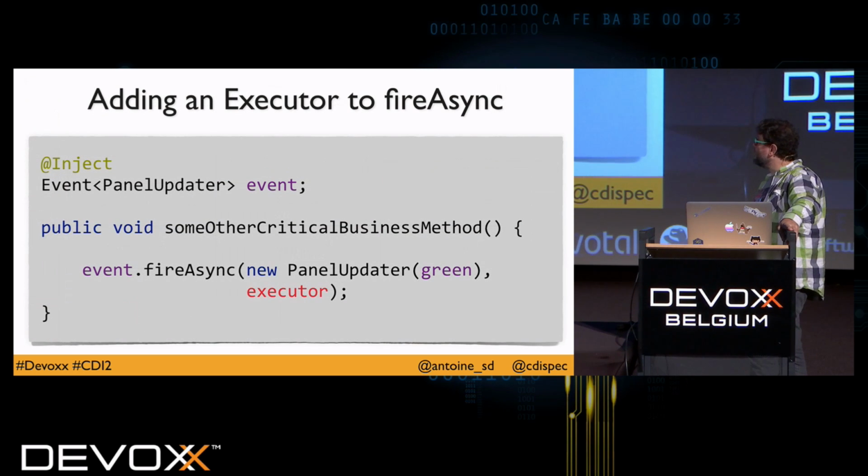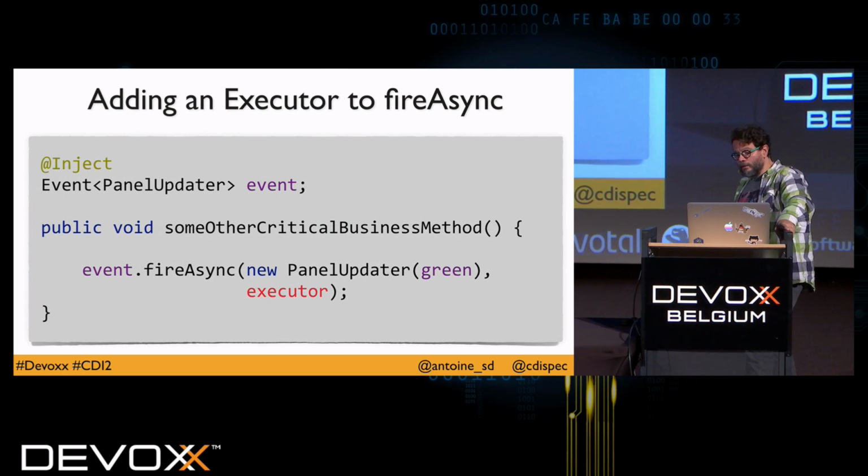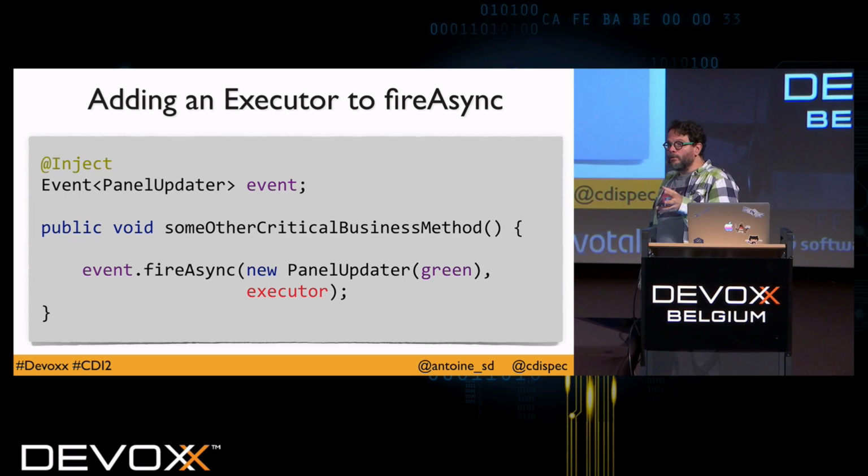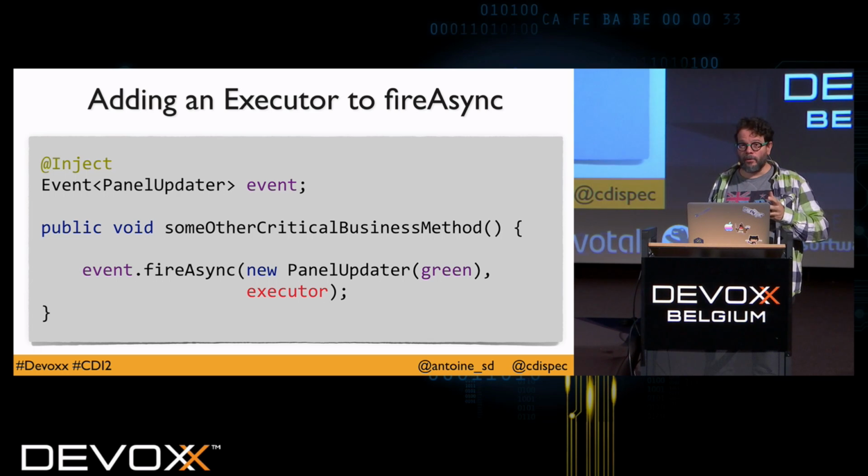Another nice feature we added to asynchronous events is the fact that you can provide your own executor service to the observer. So you can have your executor here and provide, in fact, the rules of the thread in which you want to have the observer called.